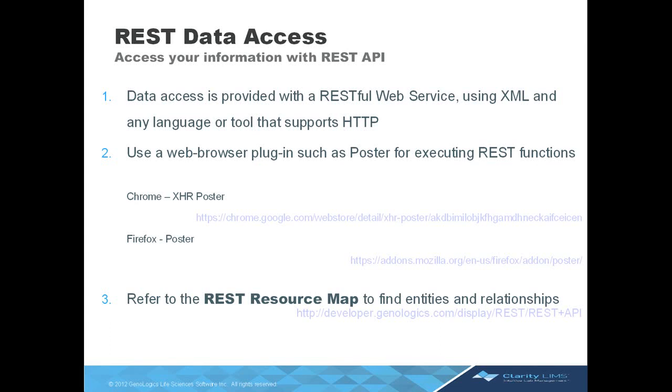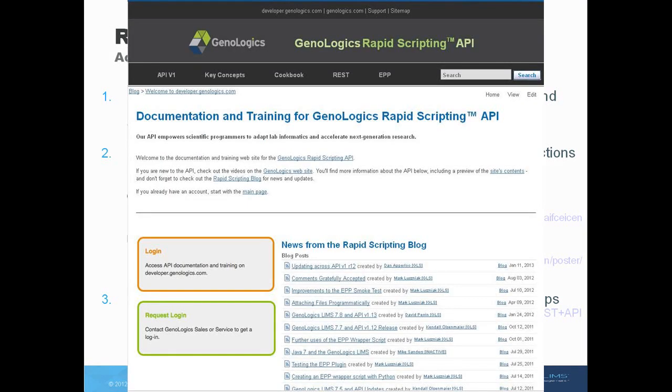And when it comes to exploring, you can go about getting the information you need a number of ways. You could just use the browser and start digging and see what you can find. But a much more time efficient way is to actually open the developer.genealogics.com website, which is a community website which describes the reference material and working examples to get you started and to have you using the API as quickly and as productively as possible.